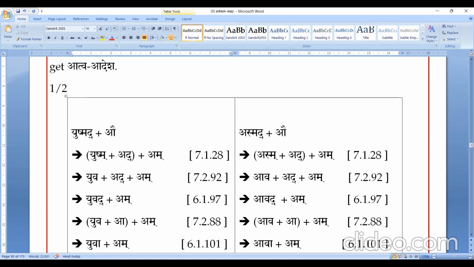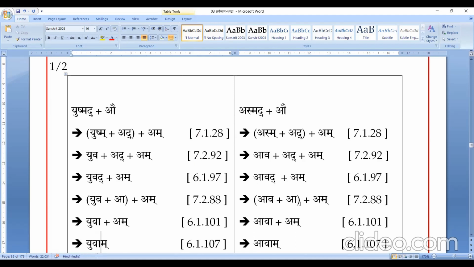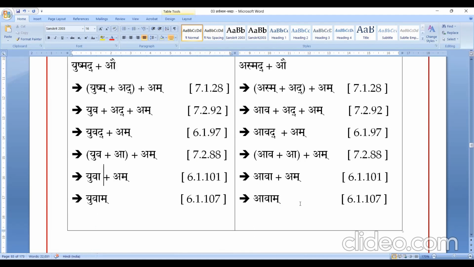Therefore, Yuva plus A and Ava plus A. Then we can apply Akaha Savarne Dirghaha, and get Yuvam, Avam. You can see here, T Lopaha na Bhavati. Shesho Lopaha in the sutra, Atta Yatta Nimitta Itara Vibhakti Pratyaya Pare, Lopaha Bhavati, that doesn't happen here, because Atta Adesha, the Dakara is replaced by Akara.